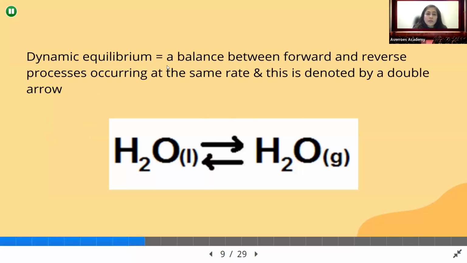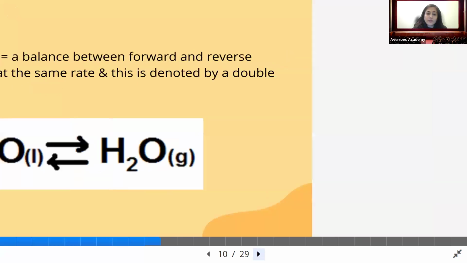Dynamic equilibrium is a balance between forward and reverse processes occurring at the same rate, and this is denoted by a double arrow. As you can see here, this double arrow.